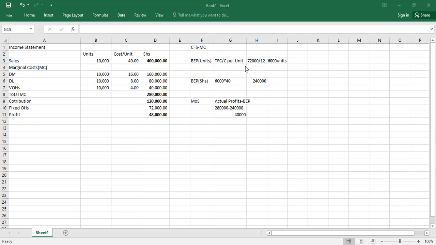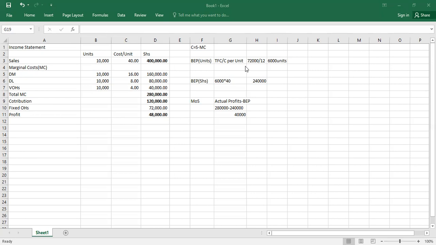We no longer use P&L. It is old school. So whenever you see P&L, you are being asked about the statement of comprehensive income, or rather the income statement, and then calculate the BEP in units and shillings. Then we've been told, suppose the company want to make profit of 6.3 million.